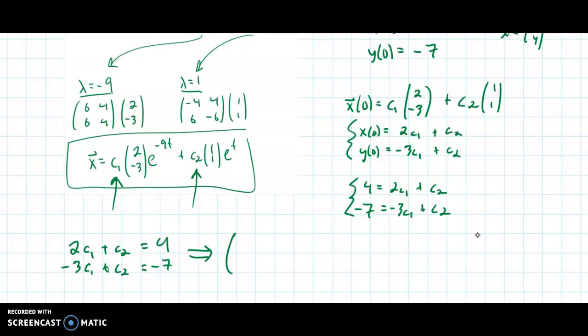This can be represented with a matrix by writing 2, 1, a bar. The bar doesn't mean anything. You can just think of it as the equal sign. 4, and then negative 3, 1, negative 7. So what I can do is put this in my calculator and type rref, and it'll give me the solution out.